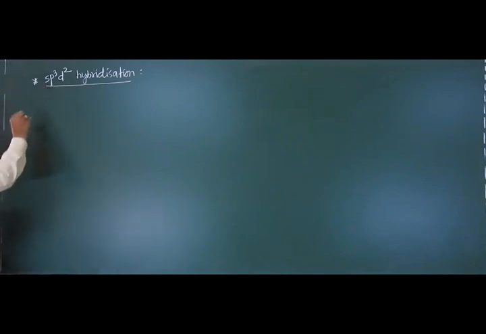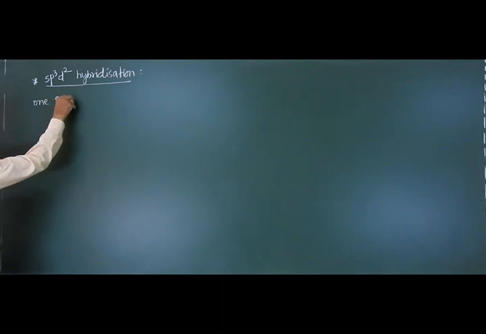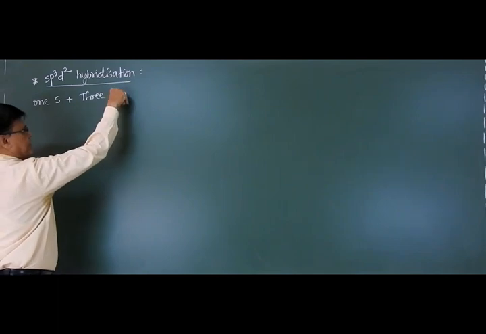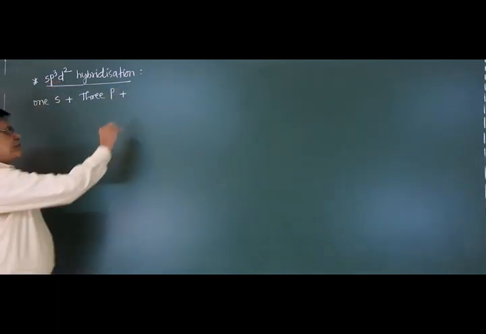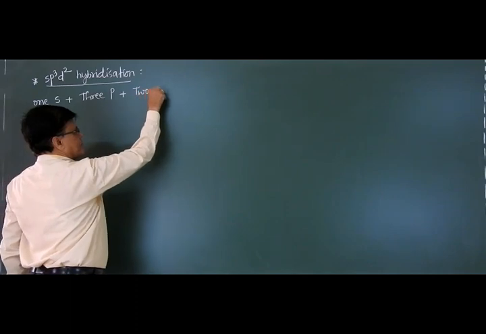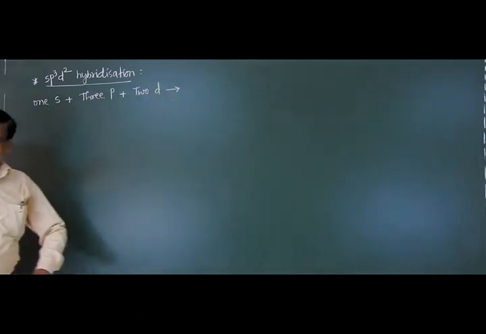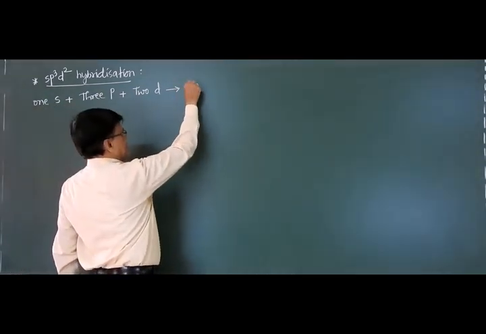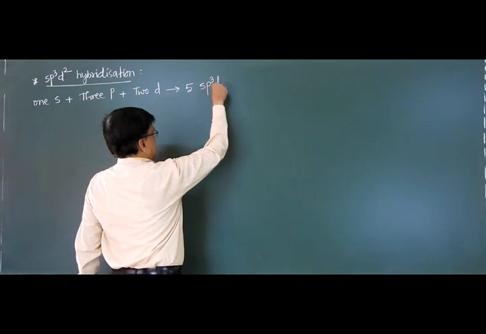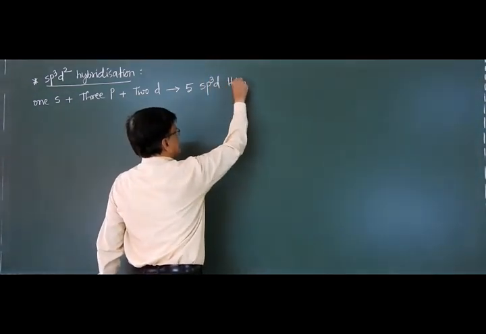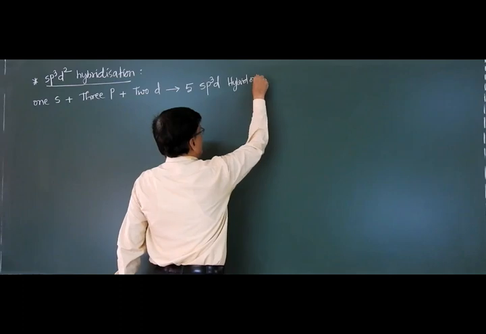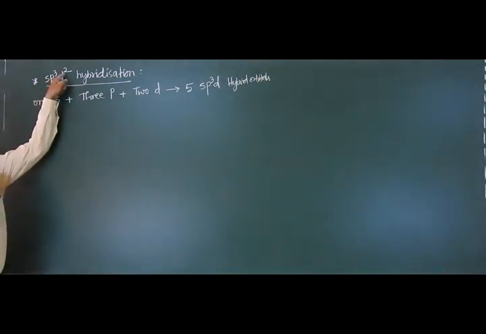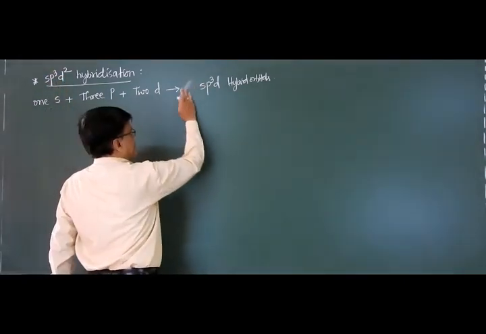Here one s orbital, 3 p orbitals and 2 d orbitals intermix to form 6 sp3d2 hybrid orbitals.